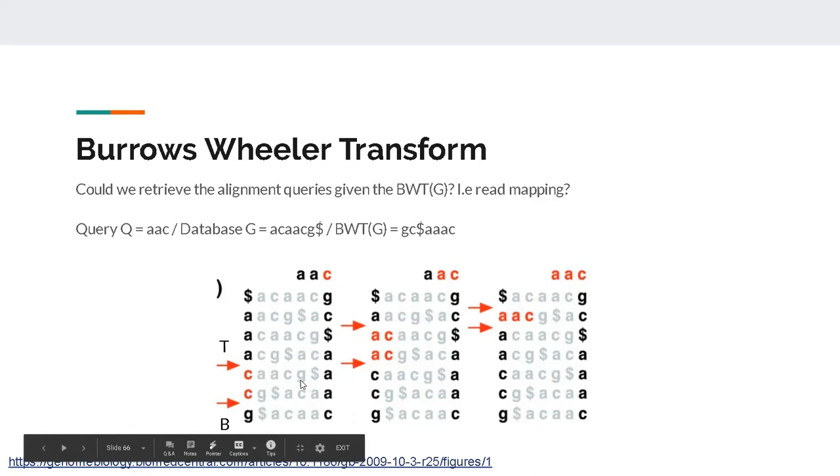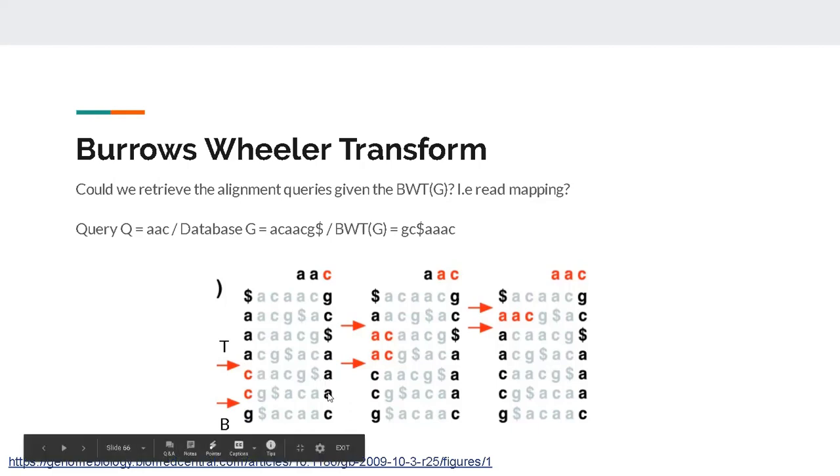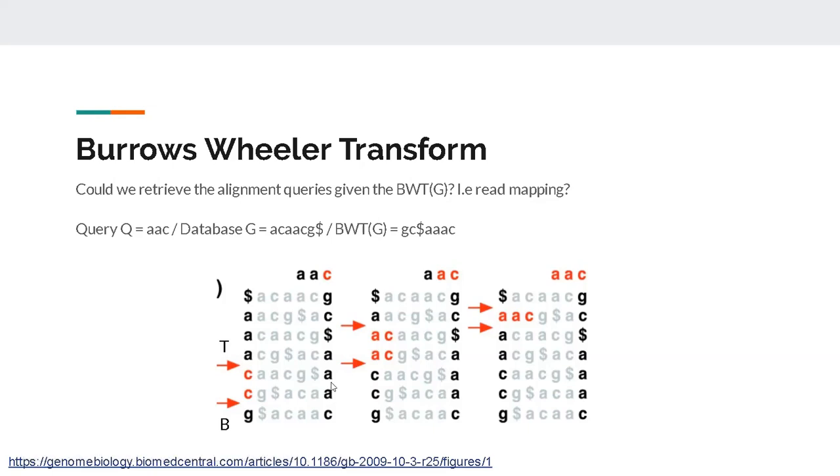We go back, we then look at what is the character just before the C, which is an A, and even in this case it's an A. So because of the last-first mapping property, the rank of this A is 2, so we will move to the A with the rank 2.